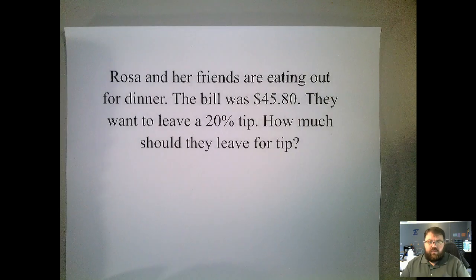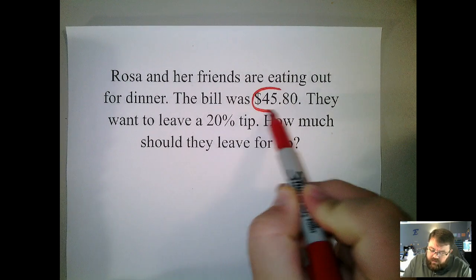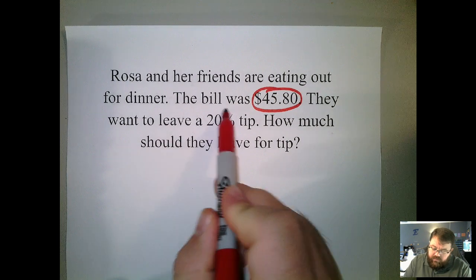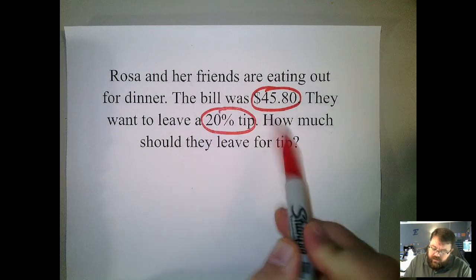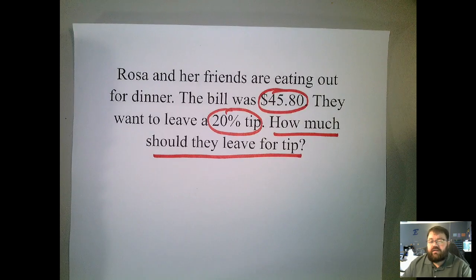All right, next question says Rosa and her friends are eating out for dinner. The bill was $45.80. They want to leave a 20% tip. How much should they leave for a tip? So this question isn't asking for the total bill. This question is how much are they leaving for a tip?